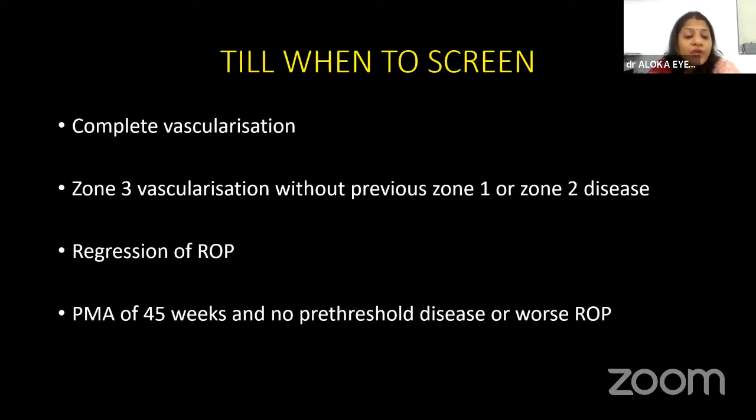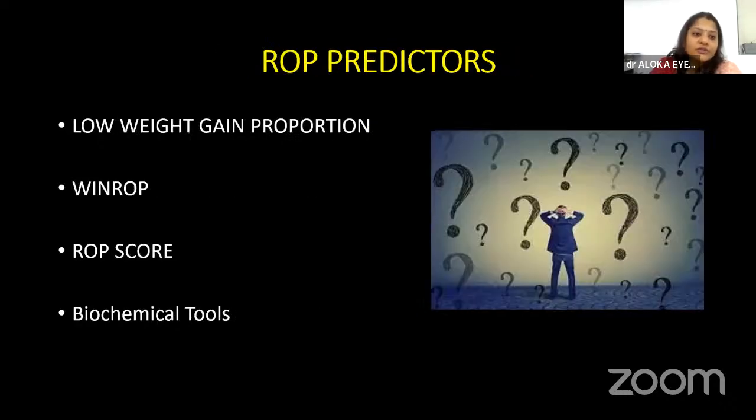Regression of ROP: if very good regression post-Avastin, post-laser has happened, then once the child has become big, you can stop screening for ROP. And a post-menstrual age of 45 weeks with no pre-threshold disease or worse ROP, these are the children where you can stop screening.